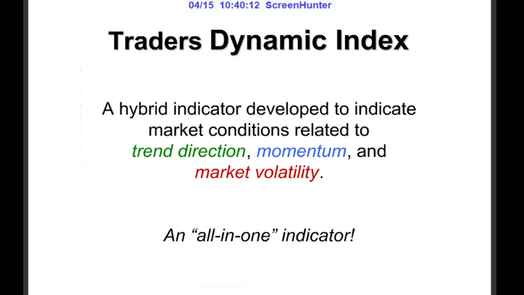As Steve commented in his training, this system of his is a trend system with momentum, and it's interesting how the Traders Dynamic Index, taking the trend direction, momentum, and market volatility all in one, helps us determine what the market most likely will do, following the market maker method and the overall market structure, as I like to refer to it. So let's break it down a little bit more in detail.